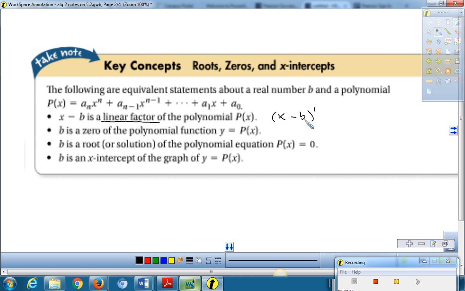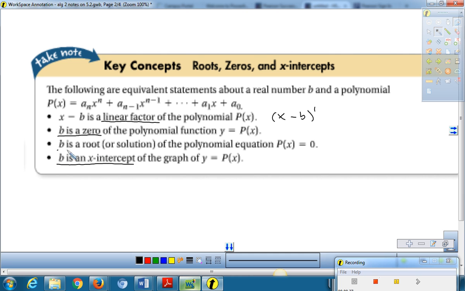If x minus b is a linear factor, just like we had when we did quadratics, b ends up being a zero. What are the other words that mean the same thing as a zero? When we solve for quadratics, we're solving for what? So, b is also known as an x-intercept.